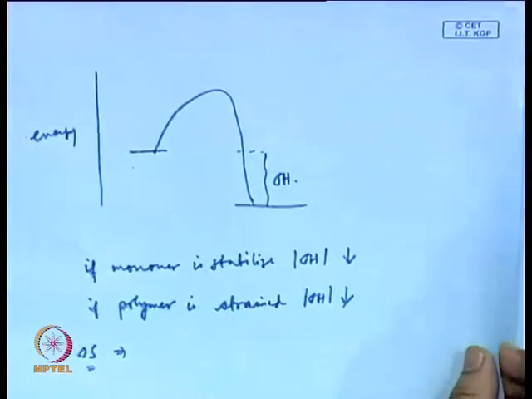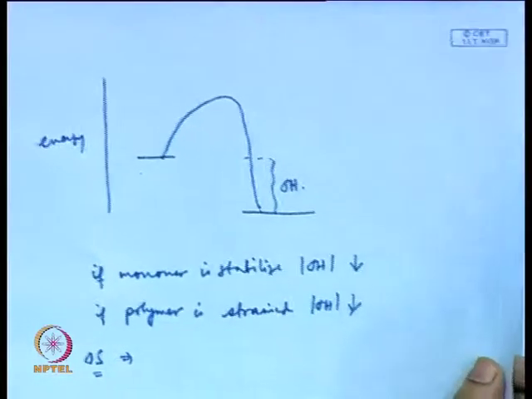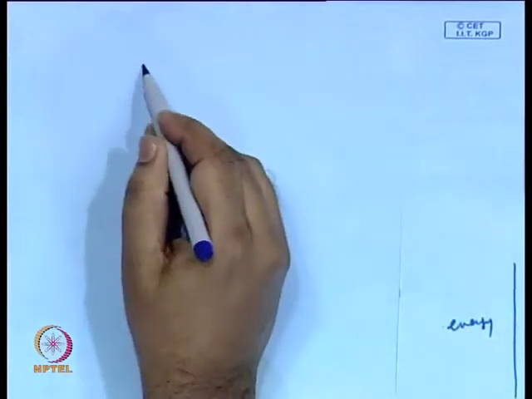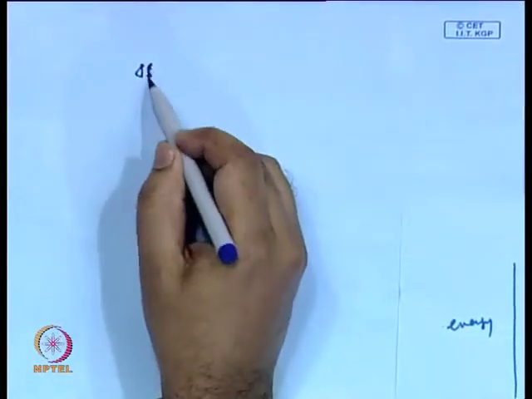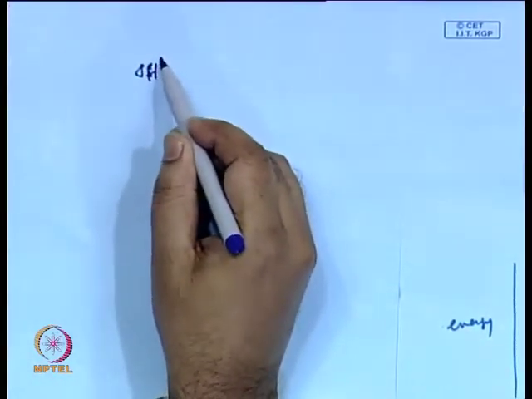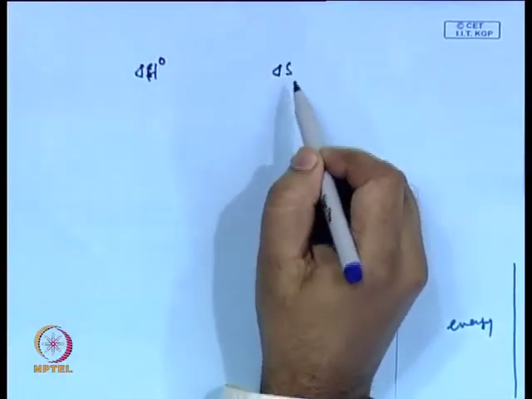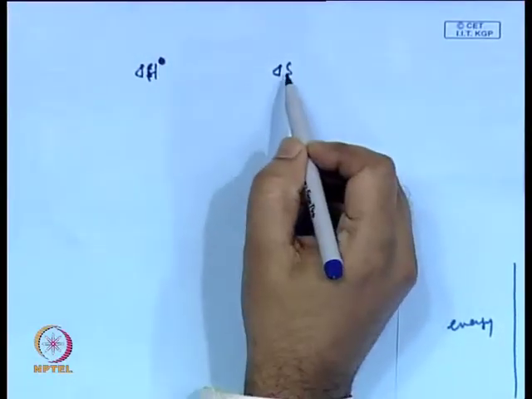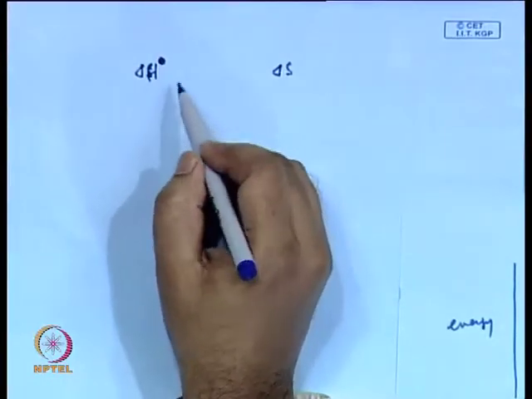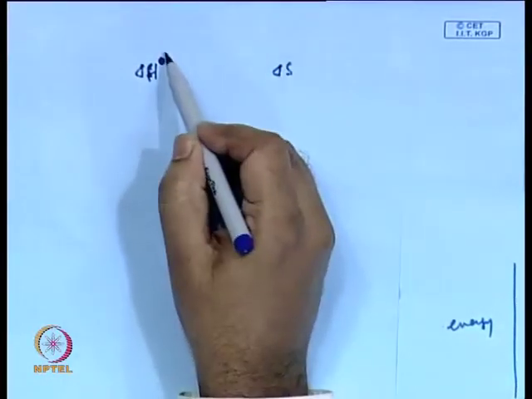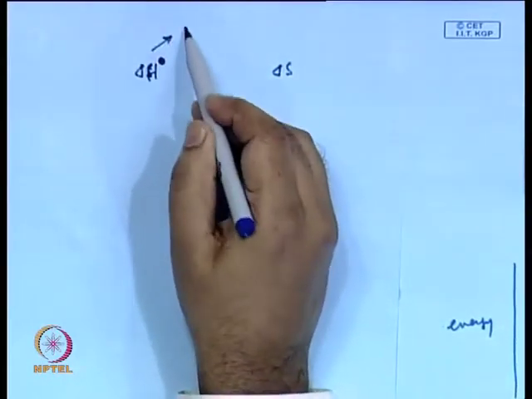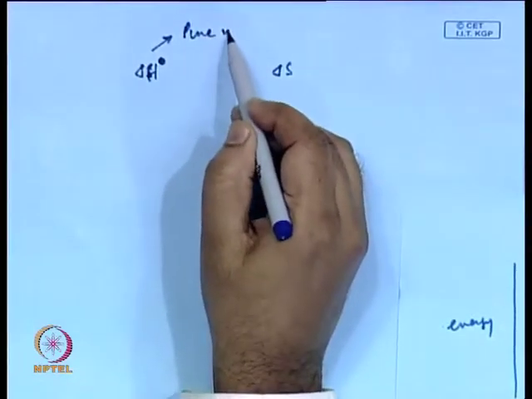Now, let us consider or let us compare few monomers and their DelH value. Now, DelS and DelG 0. So let us compare between these two values. Now, DelH in this case is for pure monomer.